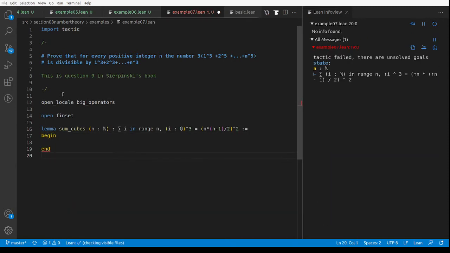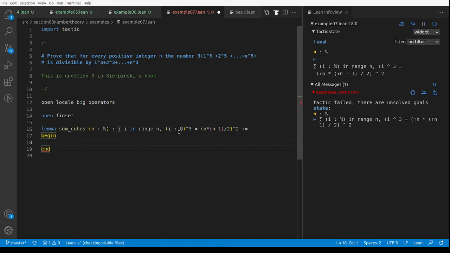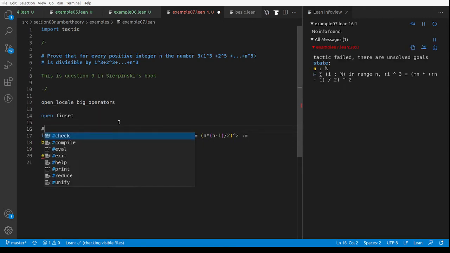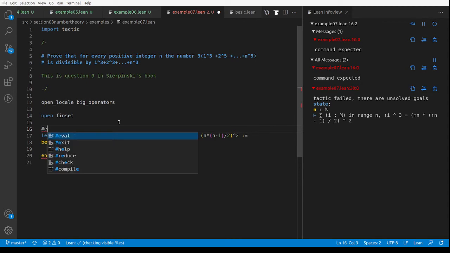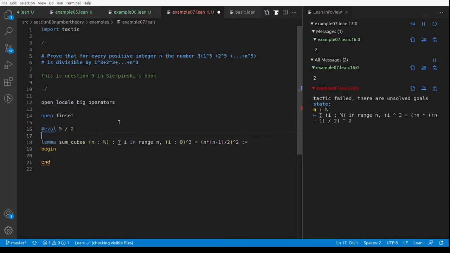So why have I suddenly coerced everything to Q? That's because if you don't coerce things to the integers, then subtraction is the wrong function. Similarly, if you don't coerce everything to the rationals, then division is the wrong function. If I evaluate 5 over 2, it's the same issue. Lean evaluates this to be 2.